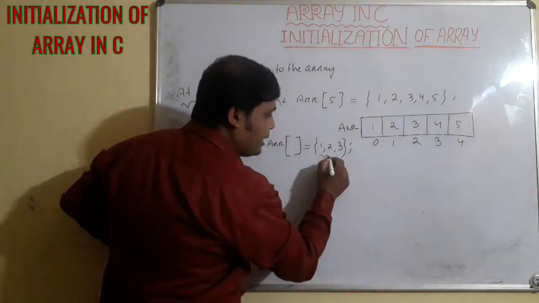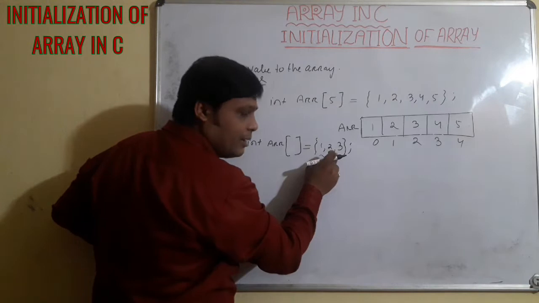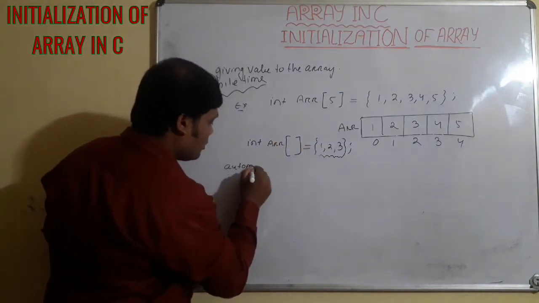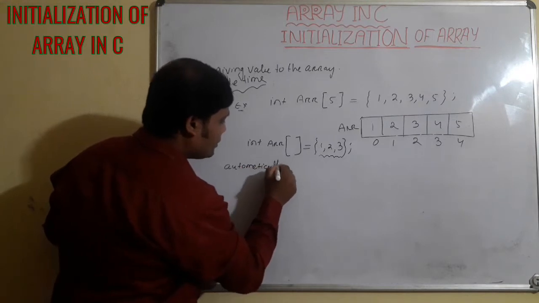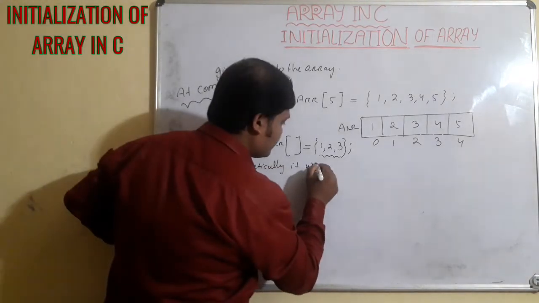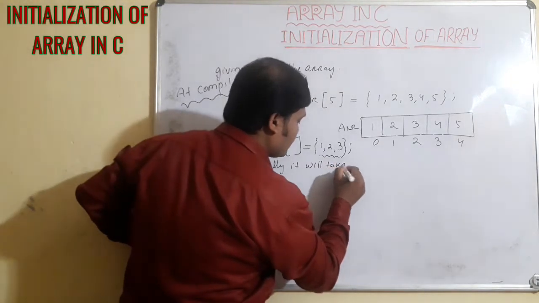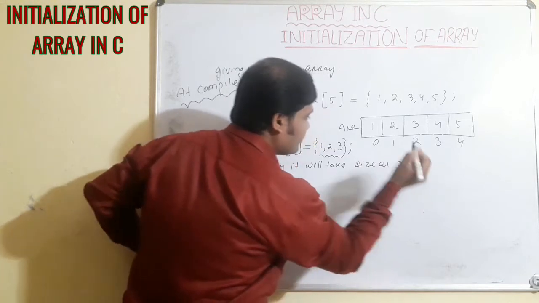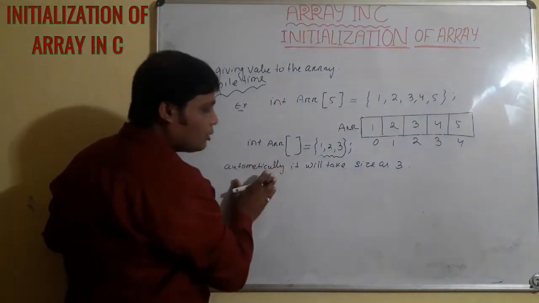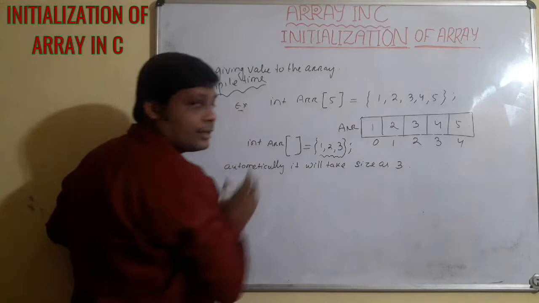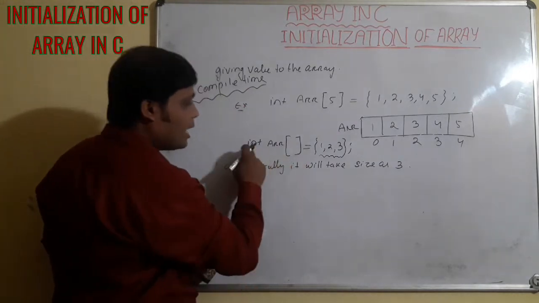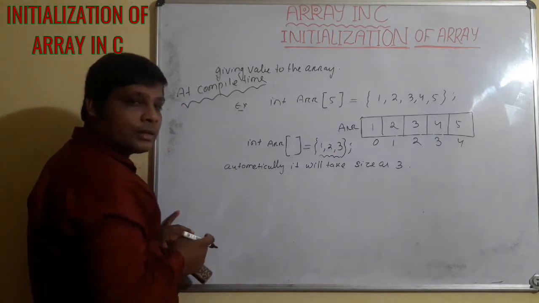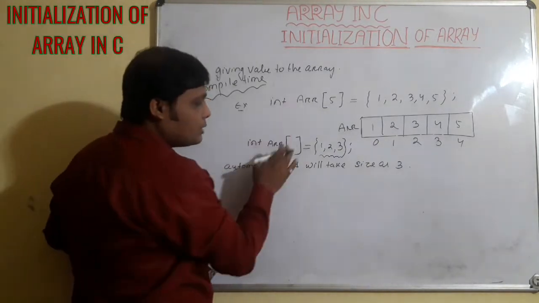So how many elements are given here? 3 elements. The compiler will automatically take the size as 3. This is equal to an integer array of size 3, with 1, 2, 3, like this.